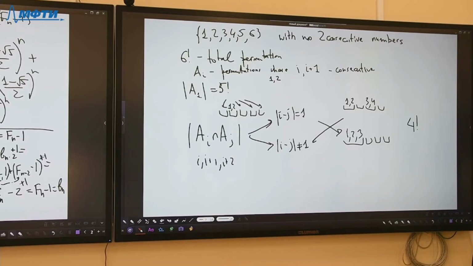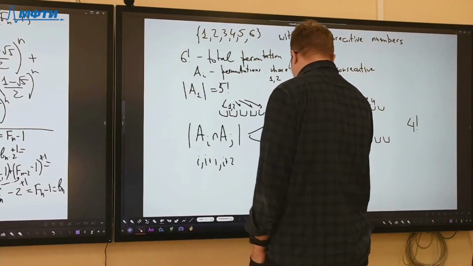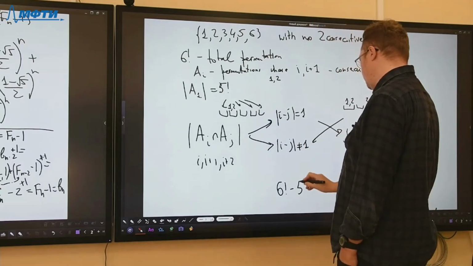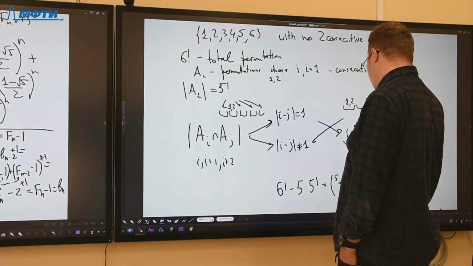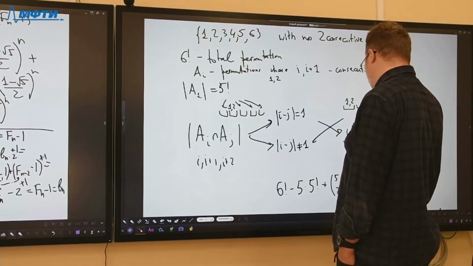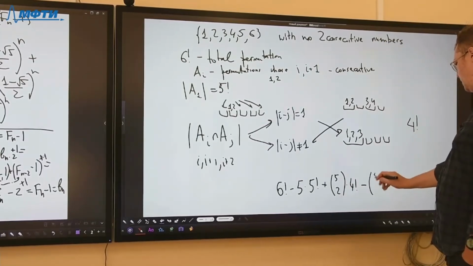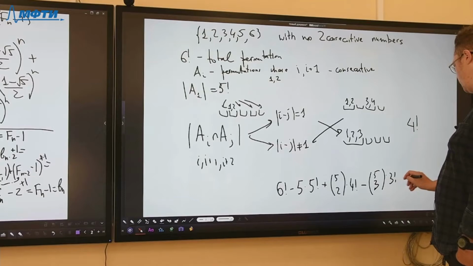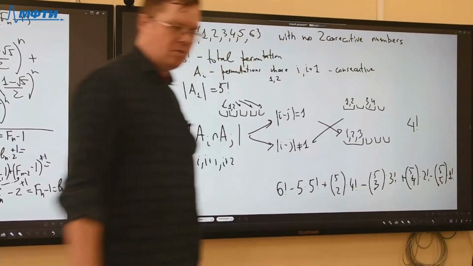So the answer will be something like 6 factorial minus 5 times 5 factorial plus 5 choose 2 times 4 factorial, minus 5 choose 3 times 3 factorial, something like this. Okay?